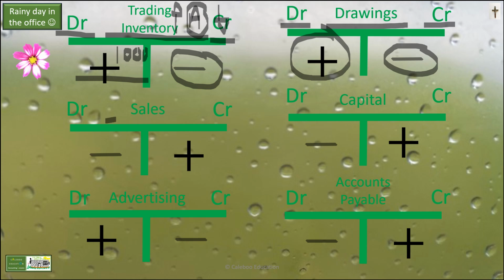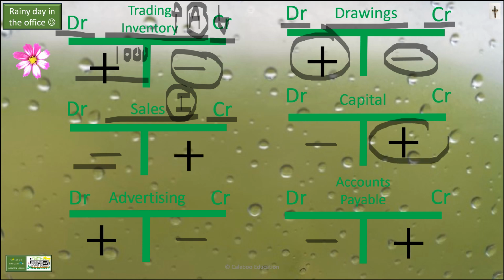Let's look at sales, which is an example of income. I'll just put in a circle there, I for income. If there's an increase in sales, there's an increase in income, the account is credited. If sales for some reason gets debited, there's a decrease in the value of sales.